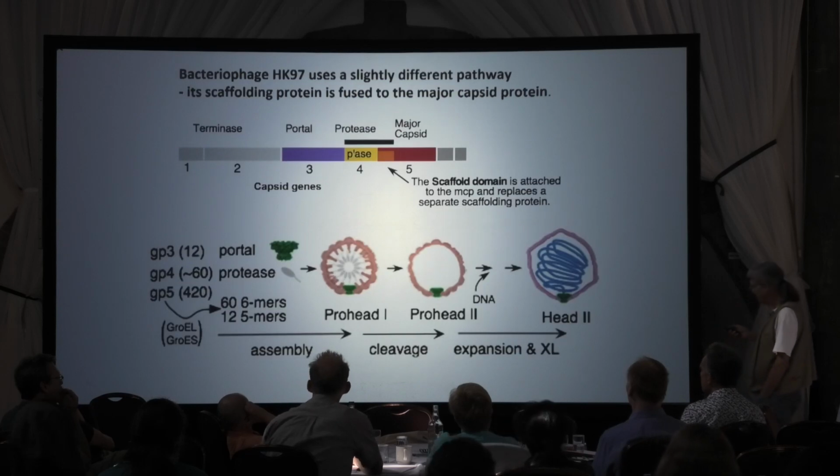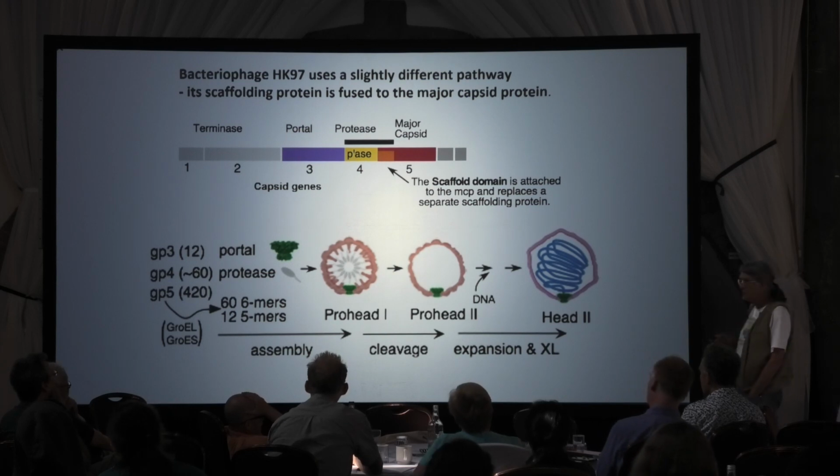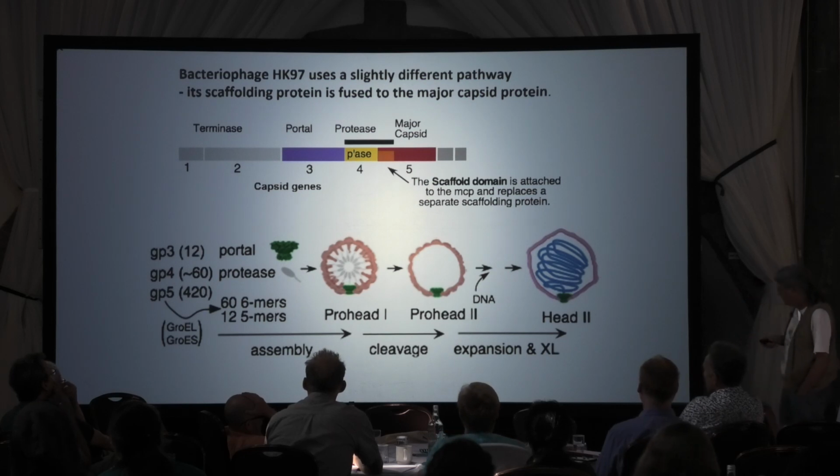HK97's scaffold domain, as Alexis pointed out, is stoichiometric with the major capsid protein and packaged, so it's always packaged inside. Once assembly is complete, the protease is activated by some mysterious mechanism. You get expansion to Head 2 and you make a head.